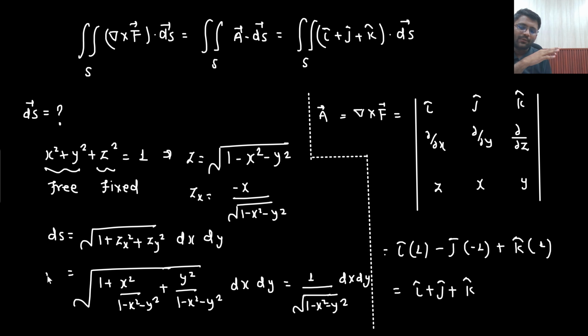So this is your dS. What about the dS vector? Did I ask you to directly remember it for a sphere? If I need to write down dS cap, what will I do? I will make a function phi which will look like x square plus y square plus z square minus 1. First I will take the gradient. That will come out to be 2x i cap plus 2y j cap plus 2z k cap.